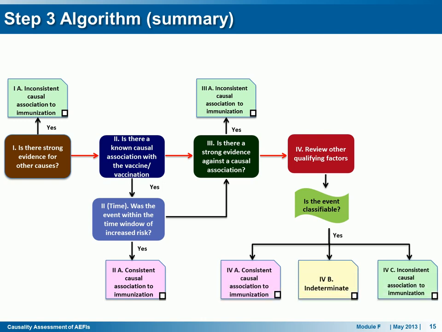Now, if the answer to any of those questions was yes in this section, in that case we have to take a decision whether the yes answer has to go into the section on consistent causal association to immunization, or if it was indeterminate causal association to immunization, or an inconsistent causal association to immunization. If the answer to that was also no, in that case we would say that the case was not classifiable.